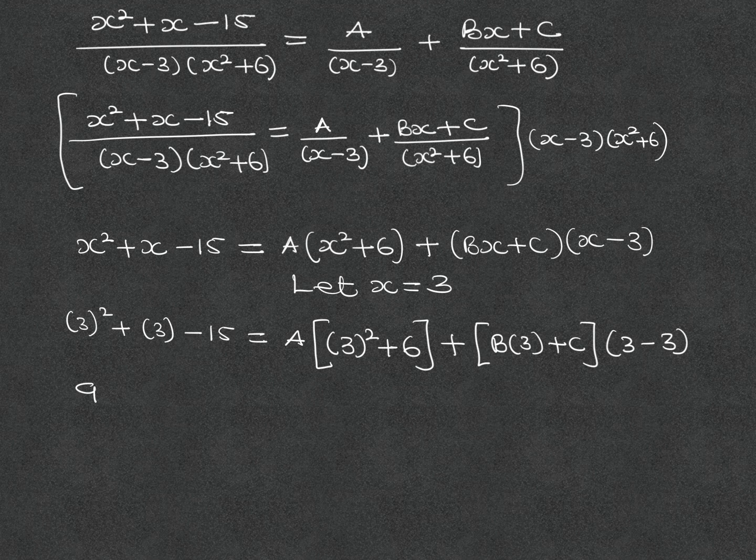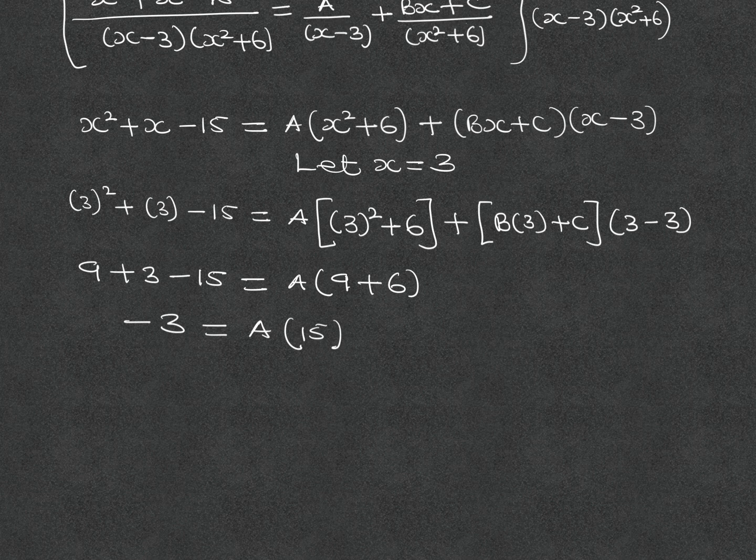So 3 squared is 9, plus 3, minus 15, is equal to a into 3 squared is 9, plus 6. Because 3 minus 3 is 0, and 0 times any other thing will be 0, we can forget that. Therefore, 9 plus 3 is 12, minus 15 is minus 3, is equal to a into 9 plus 6 is 15.